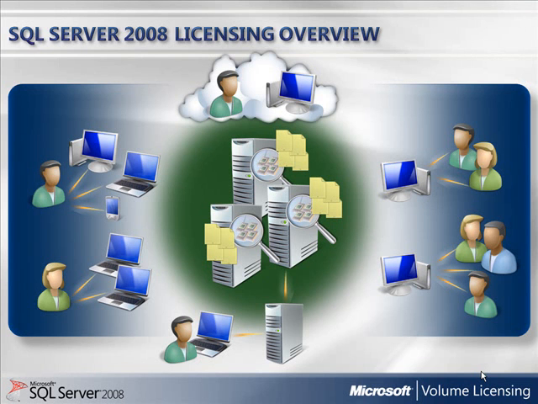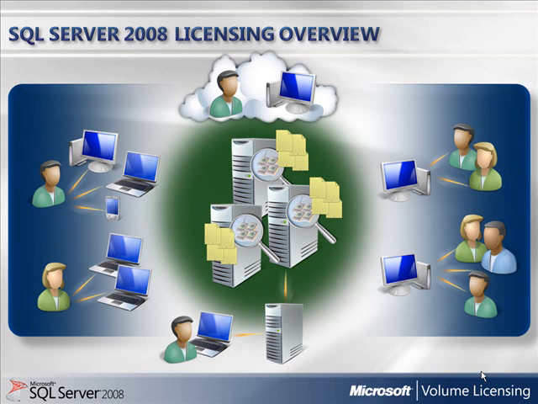Very often, the decision as to which way is the best way to license your SQL servers is a financial one. The larger number of users or devices connecting to the SQL servers, the more attractive per processor licensing becomes. If you decide to split components such as Analysis Services and Reporting Services across different machines, the different machines would then need SQL licenses assigned to each server. The other licensing requirement to take into account is Windows Server.